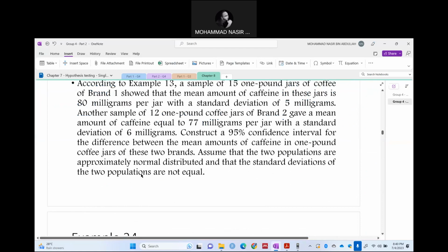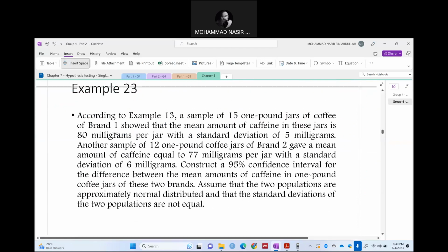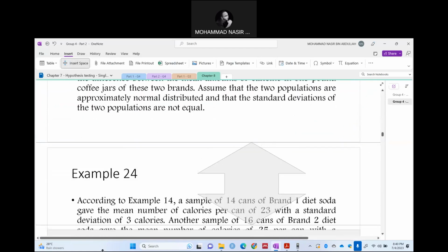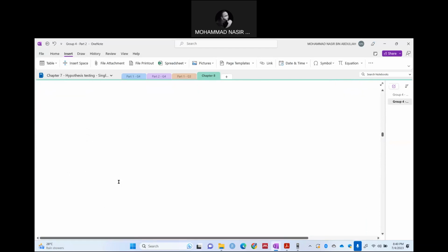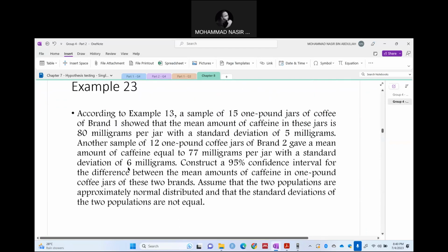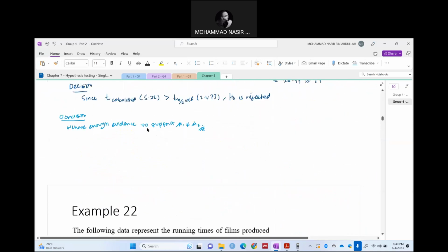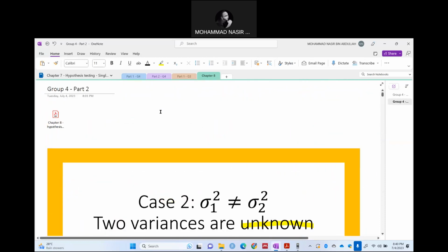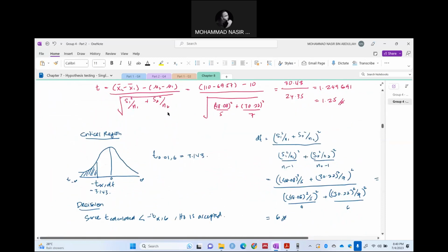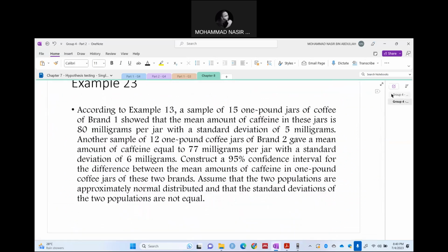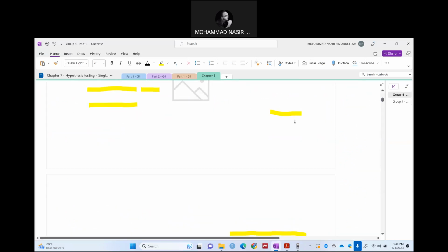So, example number 23. Wait, according to example number 13, right? Do you still remember example number 13? We don't have it here. Example 13, yesterday, right?